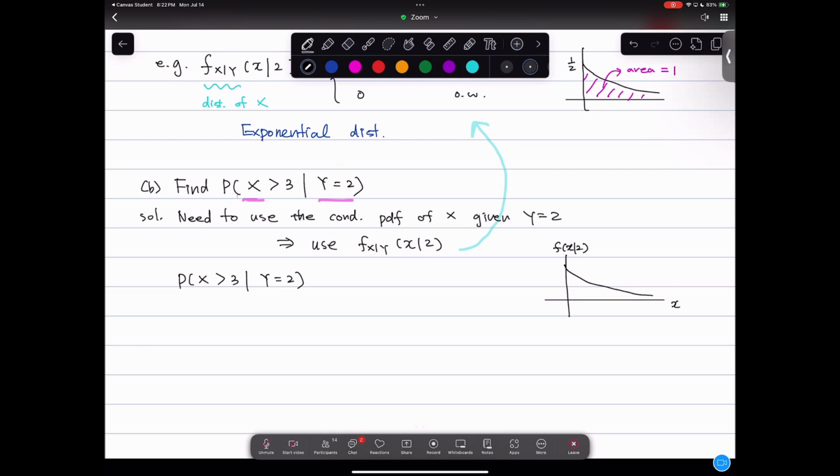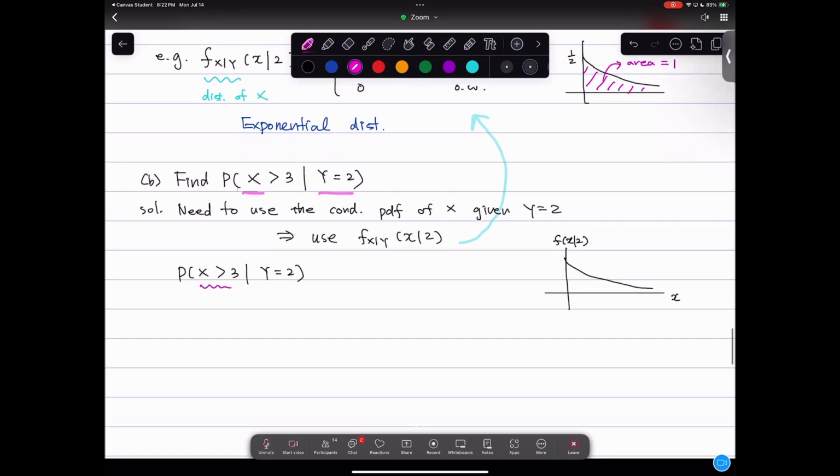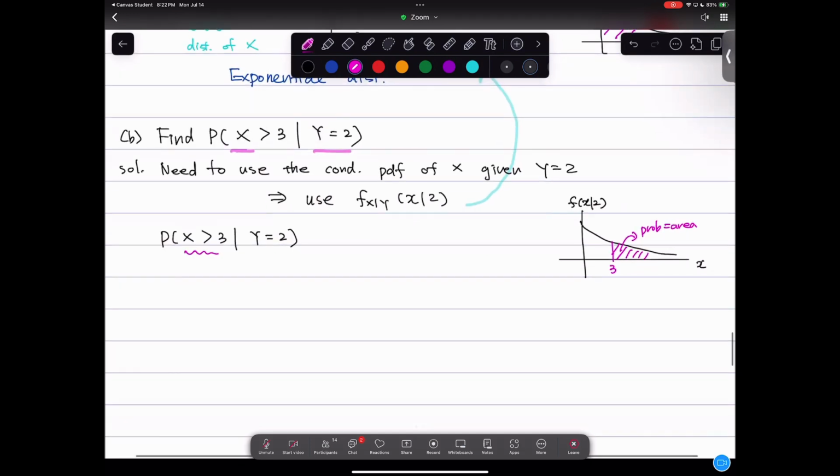I want the probability that your x is greater than 3. So your x, 3 is somewhere, and I need to go get this probability, which is the area. So here we go.